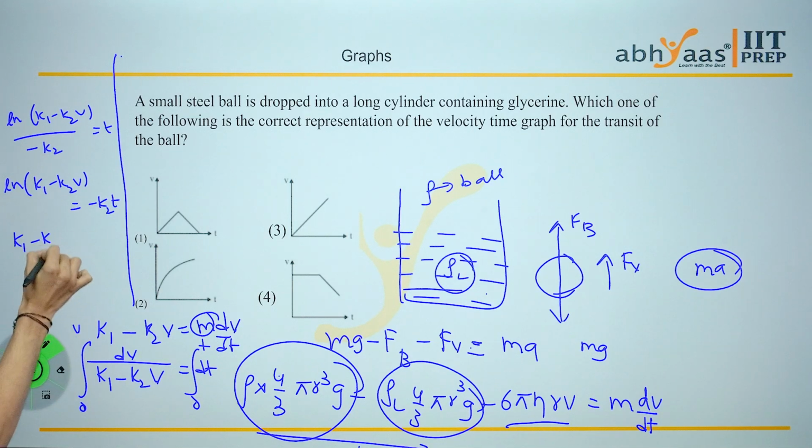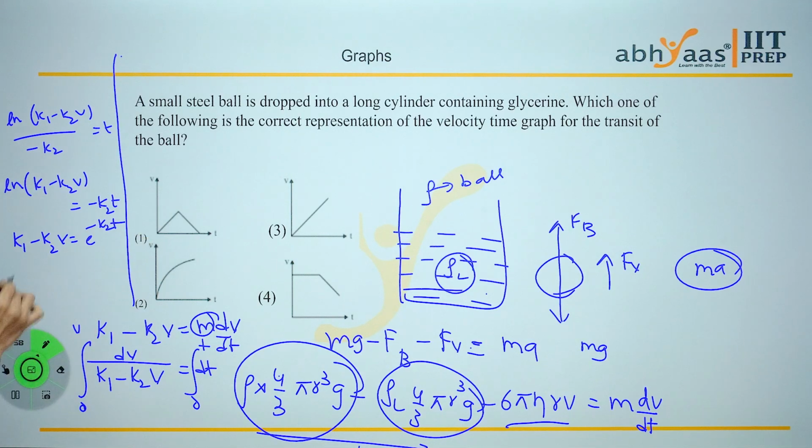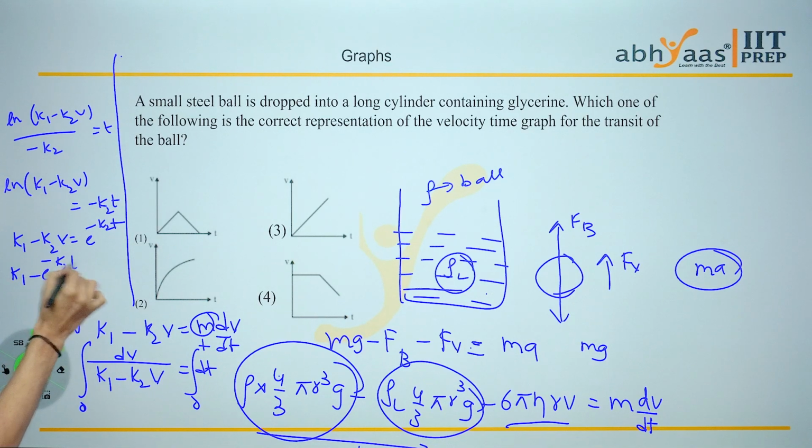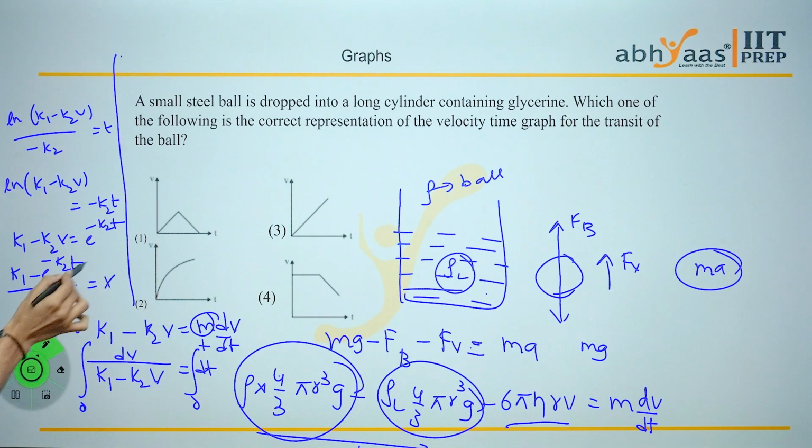K1 minus K2 V equals e power minus K2 T. Now what you are getting? (K1 minus e power minus K2 T) by K2 is equal to V. Here everything is constant and this one is going exponentially.